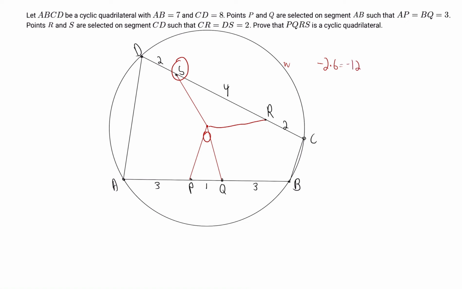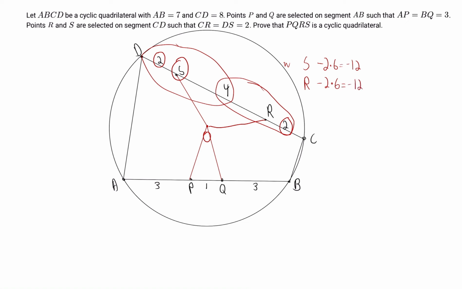Since S is inside the circle, the power of point S is negative that, which is negative 12. Similarly, the power of point R is negative, since R is inside the circumcircle of ABCD, 2 times 6, which is also negative 12.